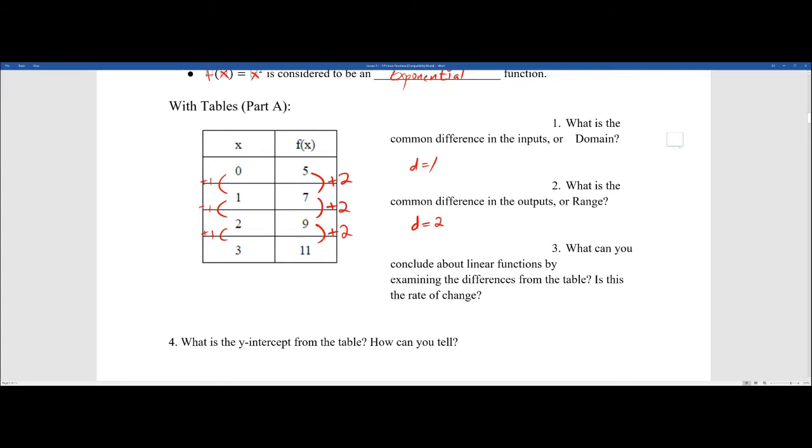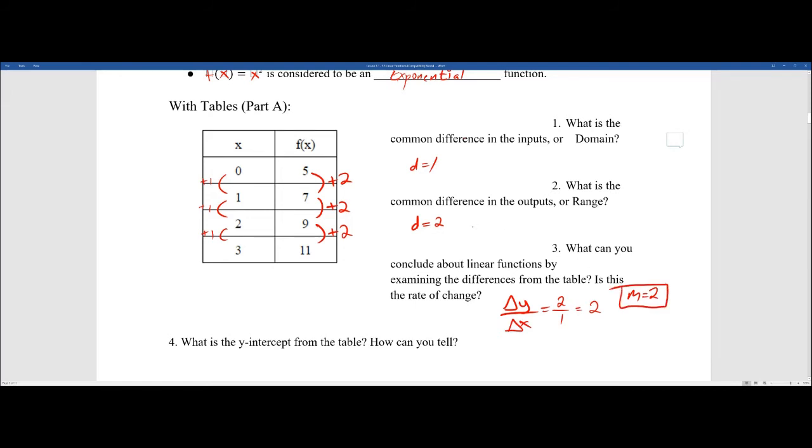It keeps happening. All right, so what can I conclude about linear functions by examining the differences from the tables? Is this rate of change? Well, what changed in my y? What changed in my x? What changed in my y, my common difference, was 2, and what changed in my x was just a difference of 1. So my rate of change is actually just 2. If we were talking about slope, it's the same conversation.